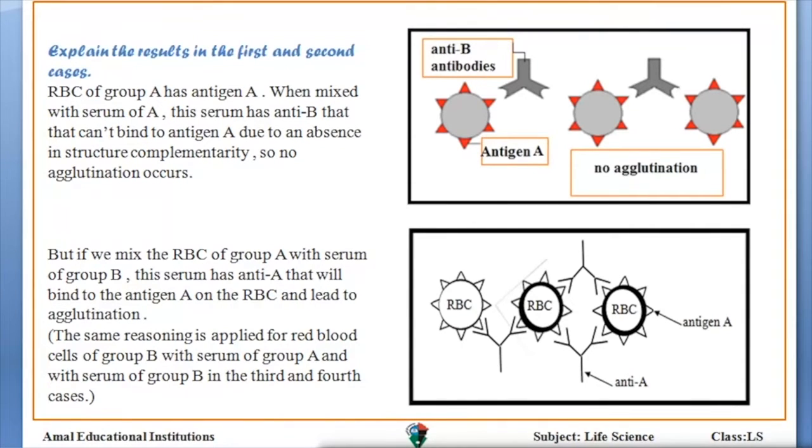As you know, group A has antigen A but has anti-B.